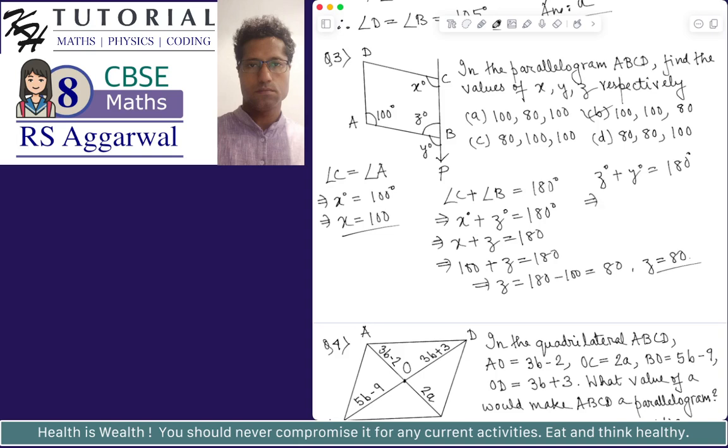Z is 80, so 80 degrees plus y degrees is equal to 180 degrees. So y is equal to 180 degrees minus 80 degrees, which is 100 degrees. So x is equal to 100, y is equal to 100 and z is equal to 80. So the correct choice is B.